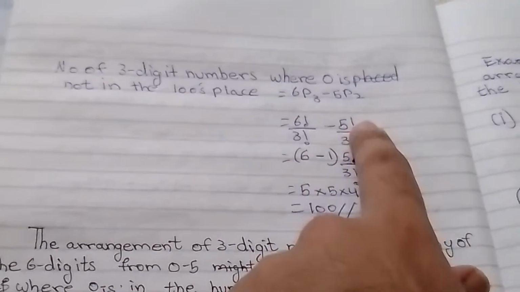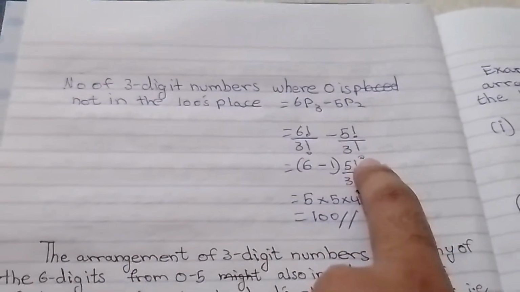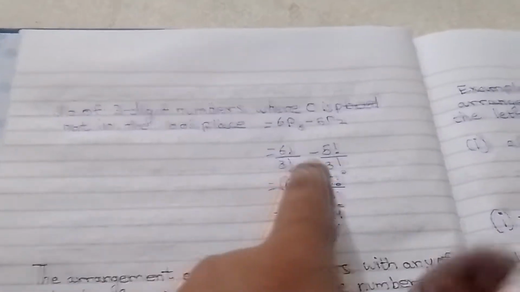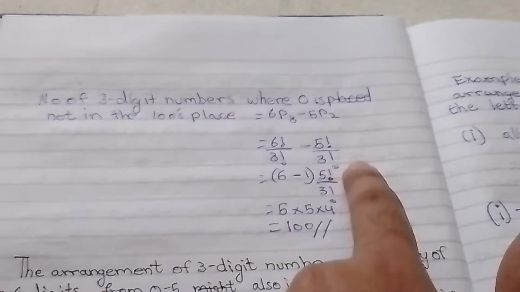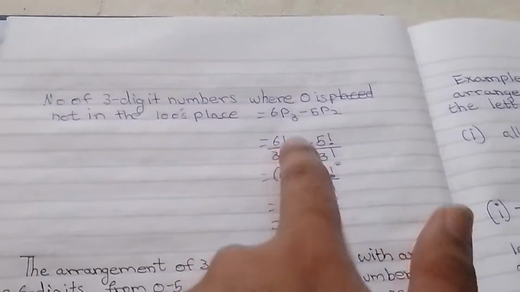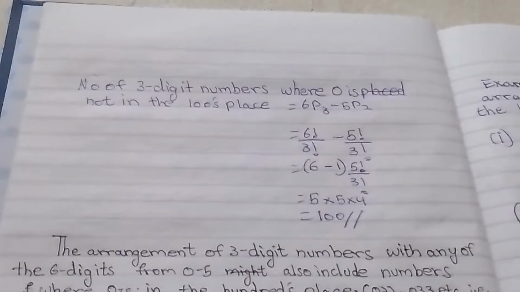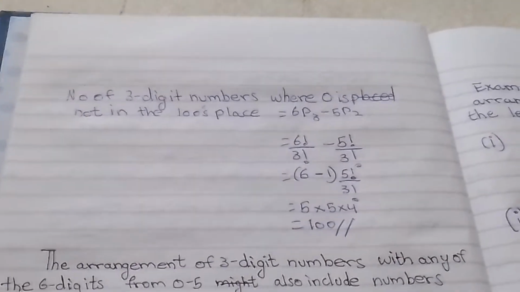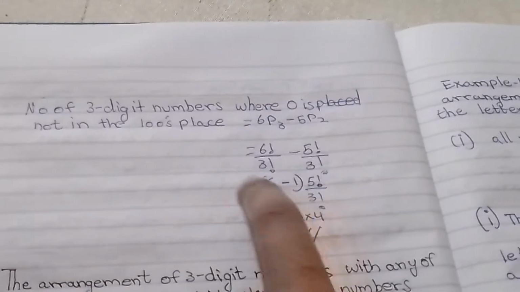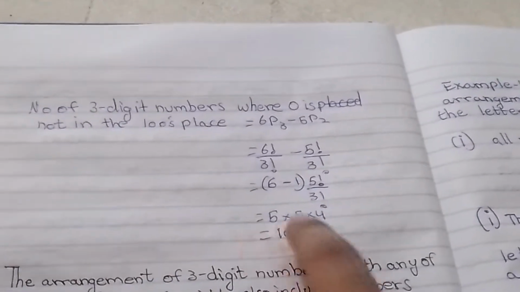That is 6 factorial divided by (6 minus 3) factorial minus 5 factorial divided by (5 minus 2) factorial. Over here 6 factorial is basically 6 into 5 factorial. So you take 5 factorial by 3 factorial common. That way you get 6 minus 1. That is 5 into 5 into 4, that you get 100.